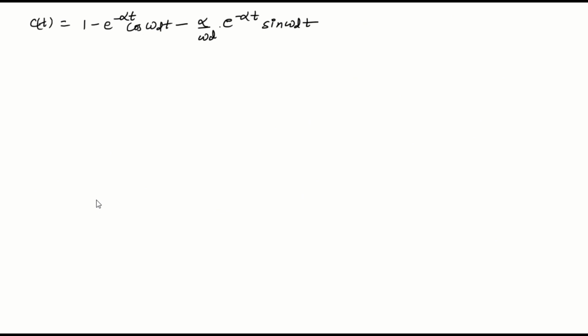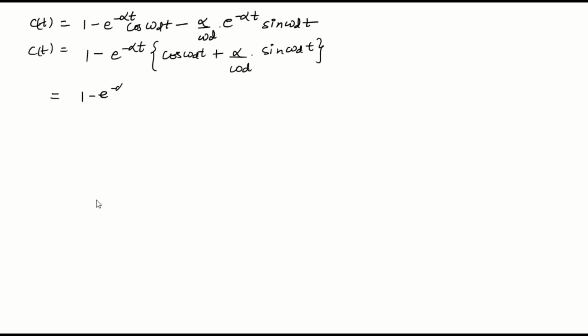Let us further solve this expression. In this expression, let us take e raised to power minus alpha t common. So we get cos omega d t plus alpha upon omega d into sine omega d t. Now let's put the values of alpha and omega d here. So this will be 1 minus e raised to power minus alpha t.